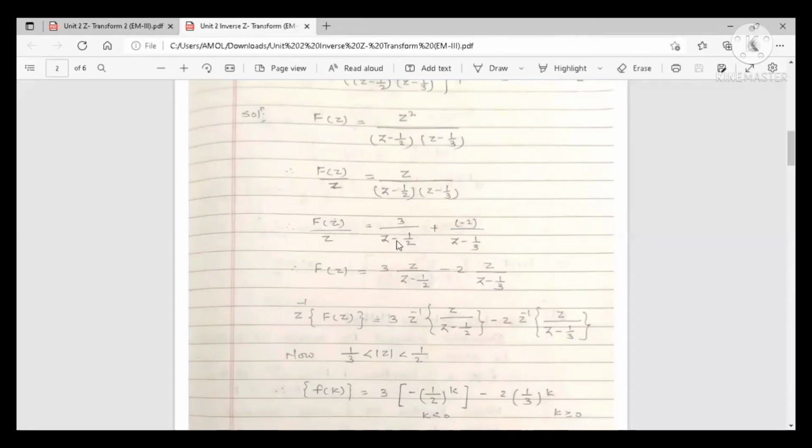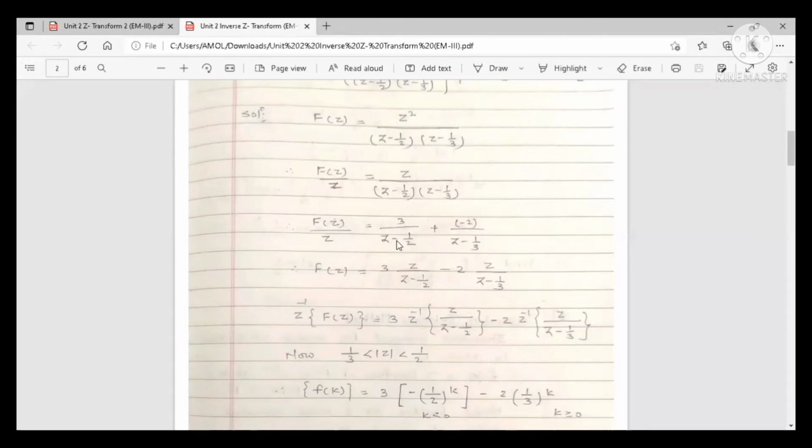The constant for the first term is 3 and the constant for the second term is -2. So these are the two separate terms using the partial fraction method. F of z upon z is equal to 3 upon z minus half plus -2 upon z minus 1 by 3.